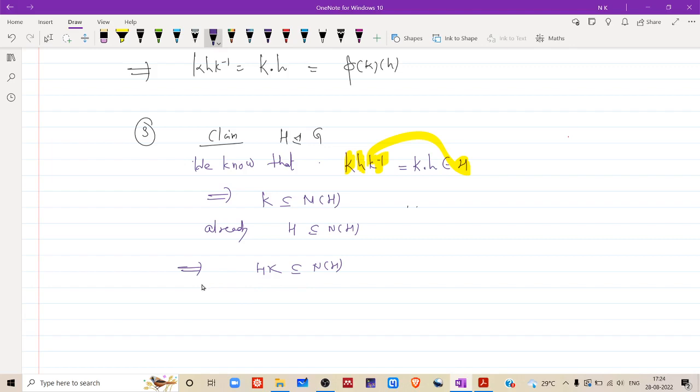Okay, because H is normal, HK is isomorphic to H cross K, because we have proved that H intersection K is the singleton identity. So what can we use?